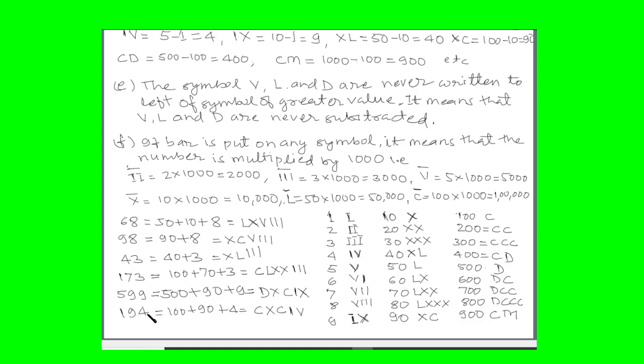So this is 194. 799. 700 plus 90 plus 9. 700 is DCC. 90 is XC and 9 is IX.